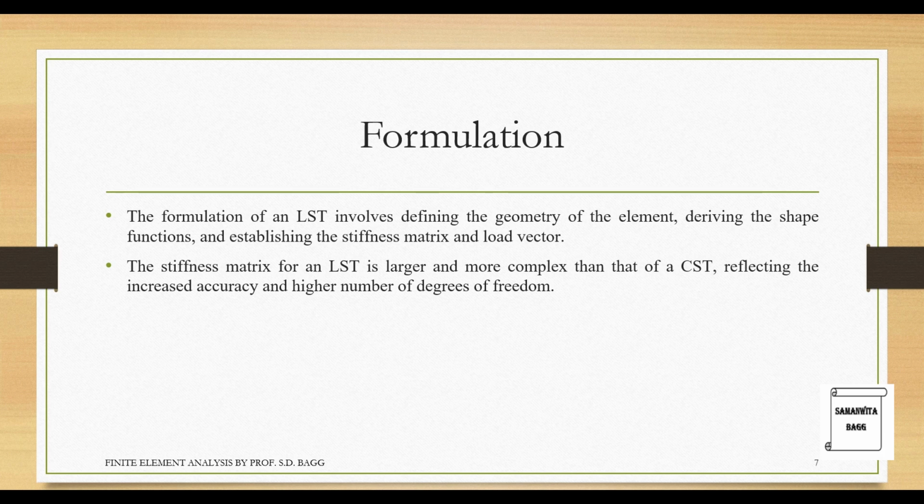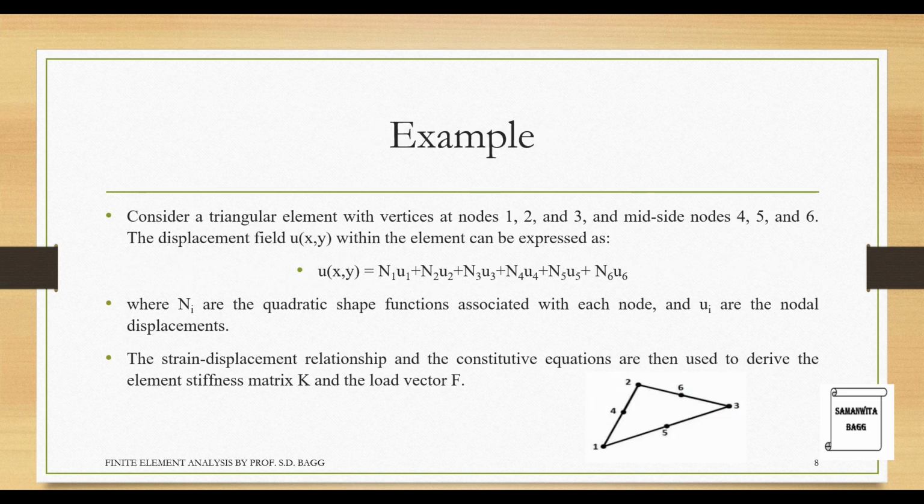The stiffness matrix for an LST is larger and more complex than that of a CST, reflecting the increased accuracy and higher number of degrees of freedom. The equations will be different, but the procedure for calculating or the basic formulas for calculating the value of K will remain the same. Let's take an example.